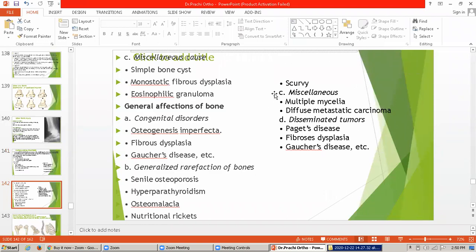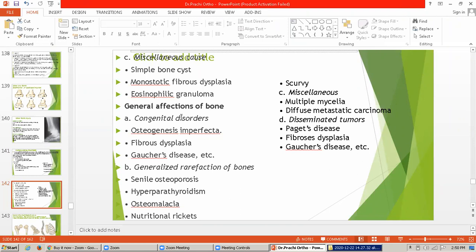Then a miscellaneous cause is simple bone cyst, monostotic fibrous dysplasia, eosinophilic granuloma. General affections of bone are shown.